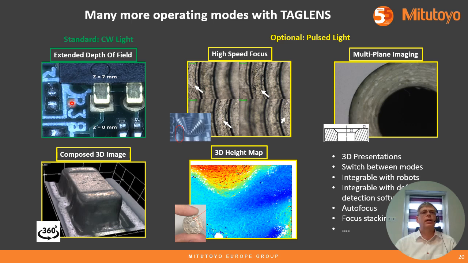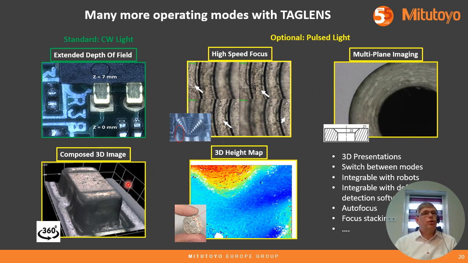Even for different heights, we get every part in focus in a single camera image. Pulsed light is optional and allows different modes like a high speed focus. So generating different points in focus in one overview, generating different planes in focus that can be picked by the phase of the pulsed light.